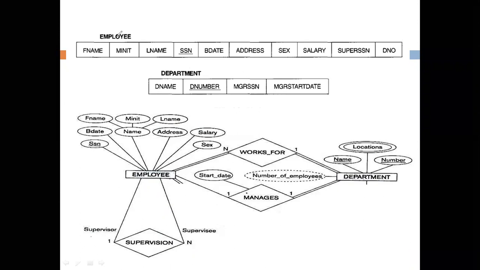One is in the employee table, where we have a department number. This indicates that this employee works in this particular department. And in the department table, there is one more, manager SSN, which is an employee ID. This indicates that this employee is the manager of this particular department.